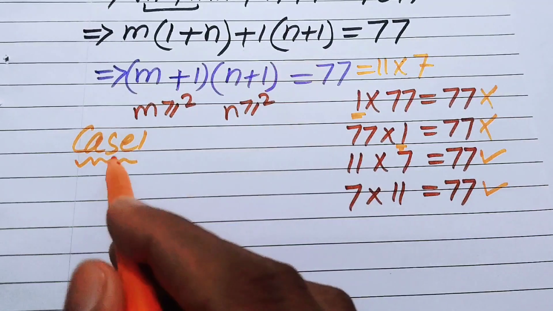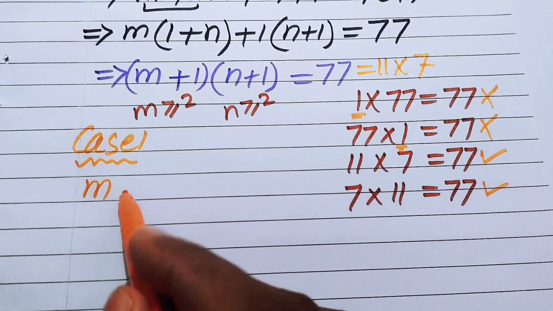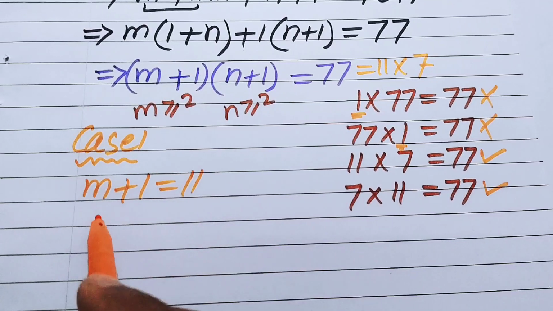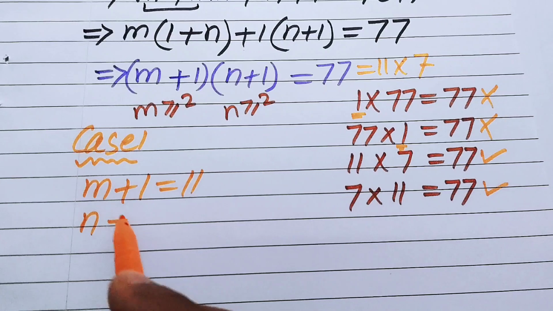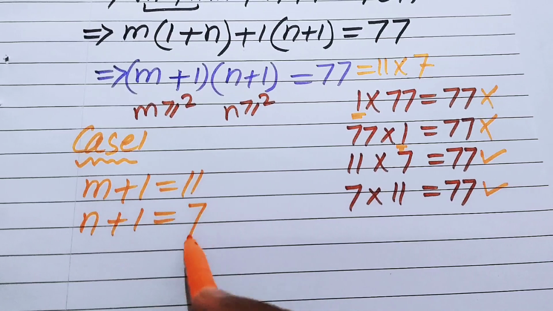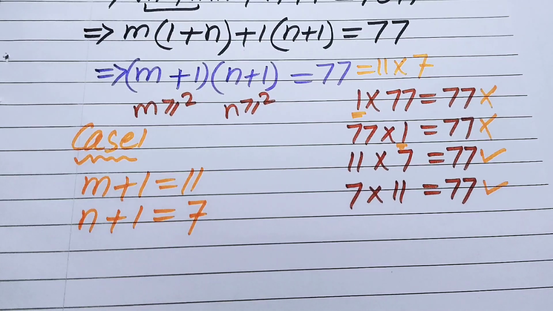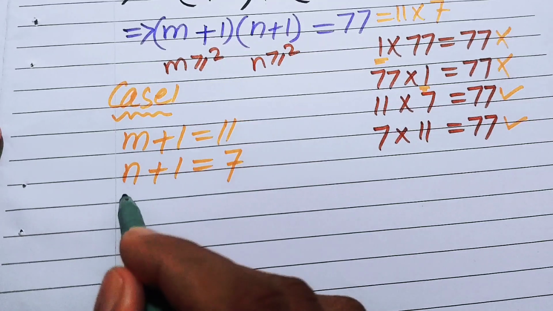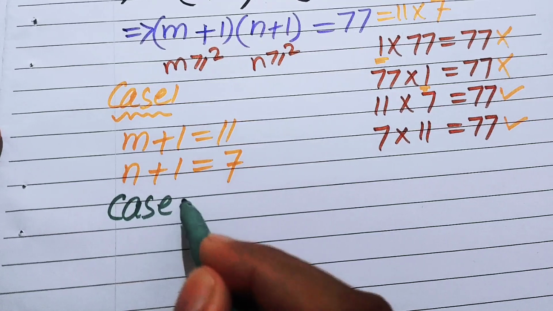We compare both sides and you get m plus 1 equals 11, and n plus 1 equals 7. This is case number 1.